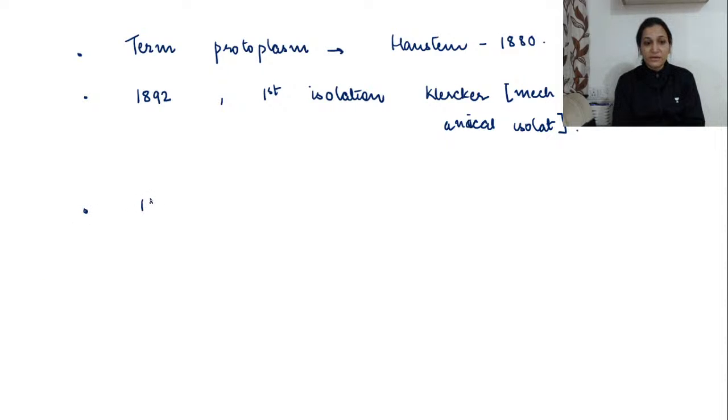Now lastly, in 1971 also something happened. In 1971, Takebe et al. were actually successful in achieving a full viable tobacco plant from the protoplast.